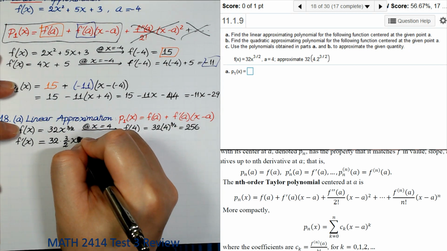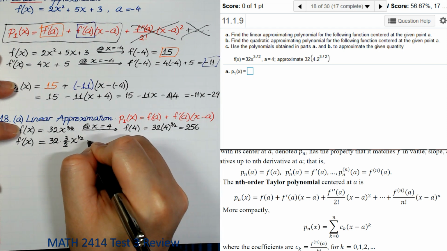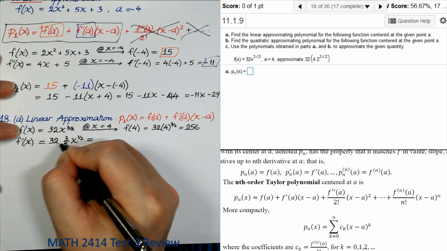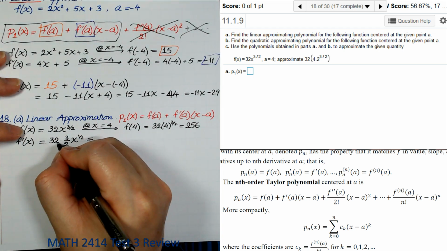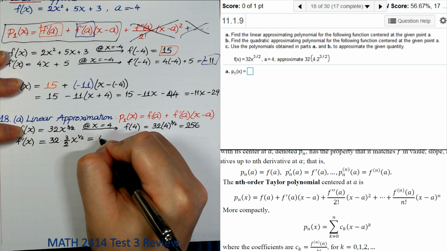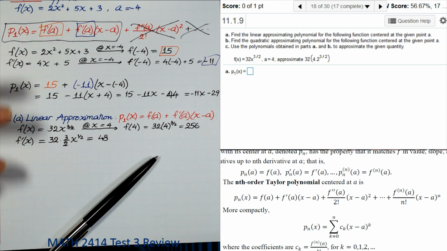Original power minus 1. 3/2 minus 1 is 1/2, which cancels out 2 and 32. 16 times 3 is 48.